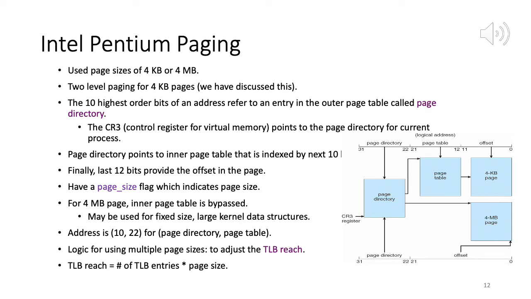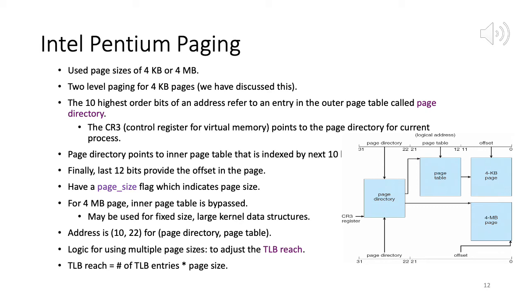Should we have a small page size or a large page size? Once again, there is no clear answer. With a small page size, what you gain is that you really reduce the internal fragmentation.